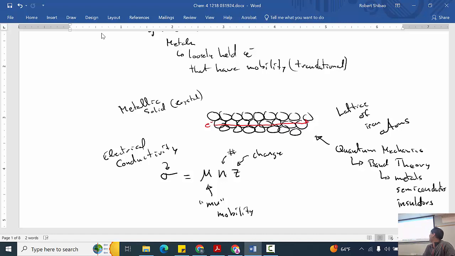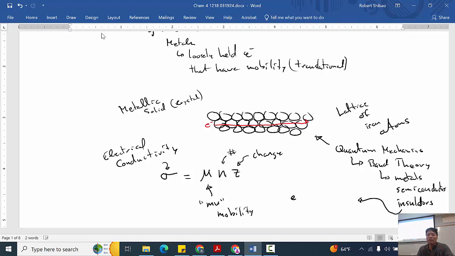Metals have high electrical conductivity, so sigma's big. Semiconductors have low electrical conductivity, so sigma's small. Insulators should have no electrical conductivity, so sigma should be 0 or close to 0. But band theory is a bit more complicated than what we want, so we're going to come up with a simple cartoon model of band theory for metals.